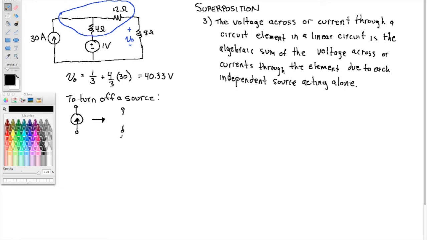An open circuit, right? So we're going to turn off a current source by replacing it with an open circuit, and no current can flow. So this is the current source becomes an open circuit.